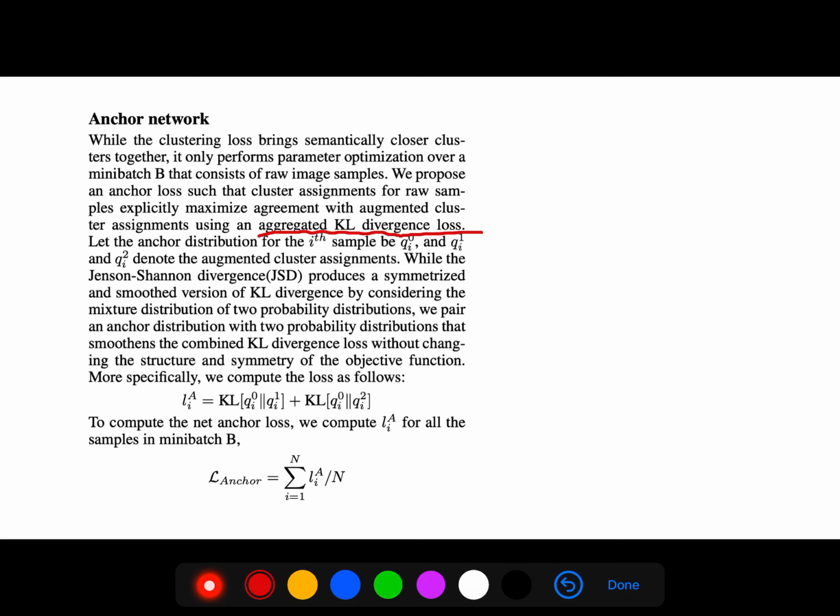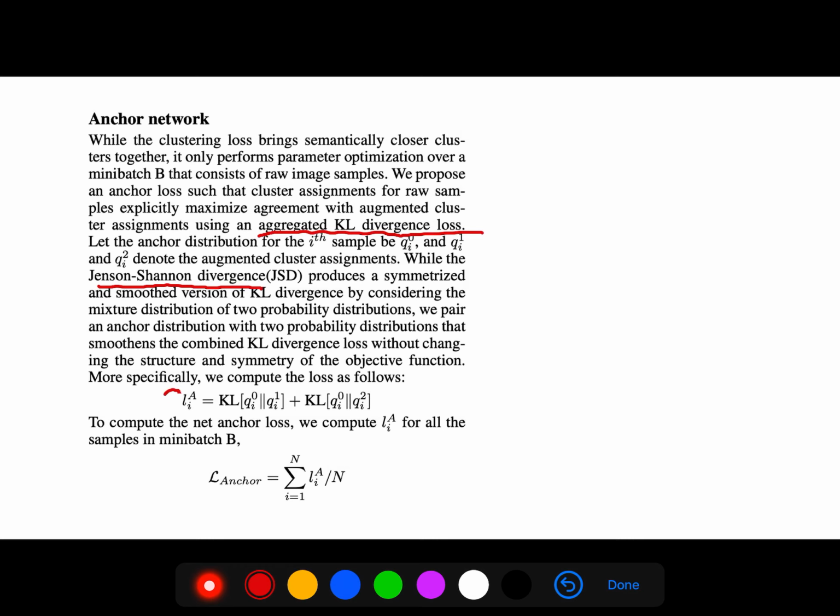While the Jensen-Shannon divergence produces a symmetrized and smooth version of KL divergence by considering the mixture distribution of two probability distributions, we pair an anchor distribution with two probability distributions that smoothens the combined KL divergence loss without changing the structure and symmetry of the objective function.